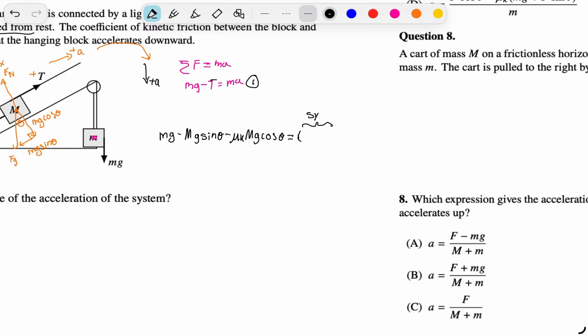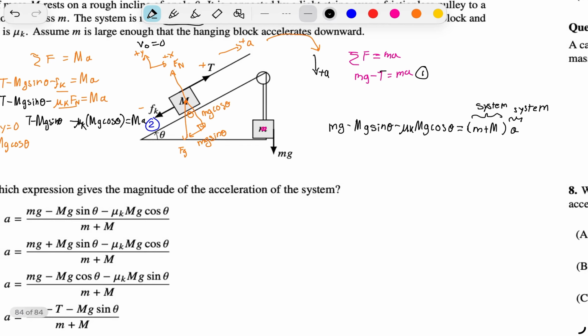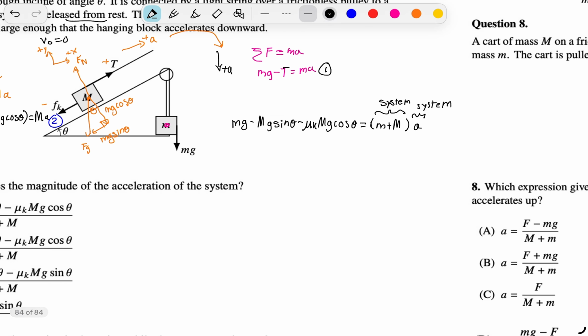It's important that you have this as your entire system's mass, m plus big M, times the acceleration of your system, because we're considering everything all together at this point. So this is going to simplify to acceleration, and you're going to divide everything by the total mass of your system. You can divide this by m plus big M, and that cancels out.